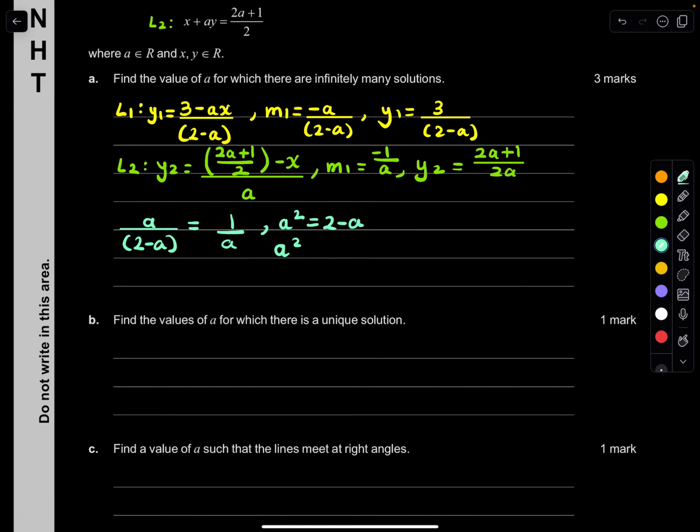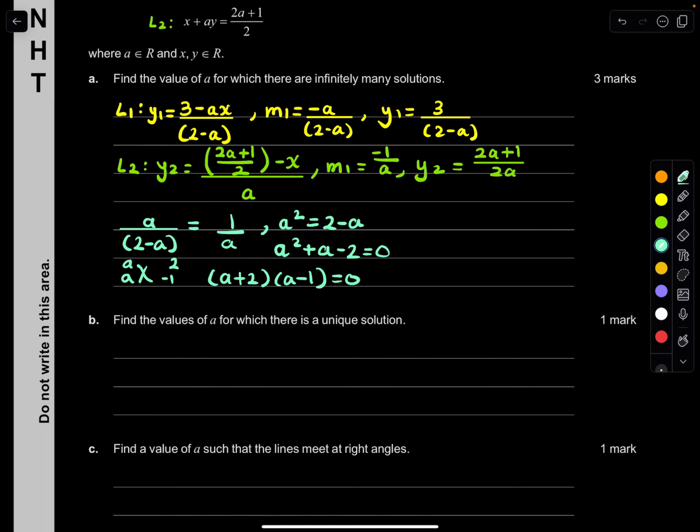So a squared plus a minus 2 must be equal to 0. Factorize that. What do we get? 2 and 1, is it negative here? So it goes 2 minus 1. Yes, that works. So this factorizes to (a plus 2)(a minus 1) equals 0.